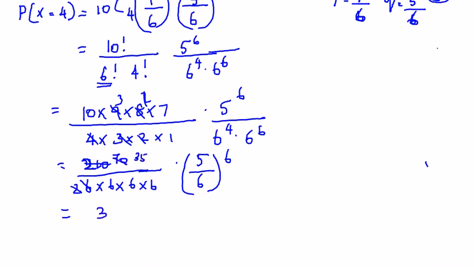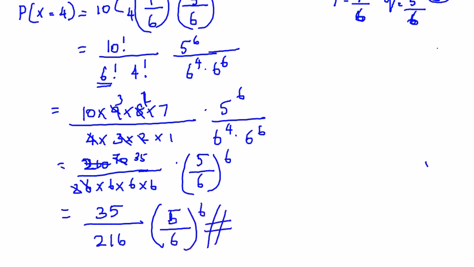So I'll get 35 divided by 6 into 6 into 6, which is 36 into 6 is 216, into (5/6)^6. You can leave it as it is, right? So this is my probability when x is equal to 4. That is the probability of getting 4 successes, right?